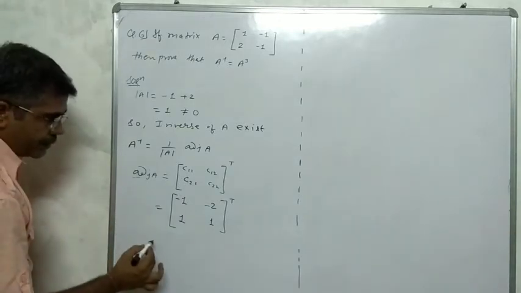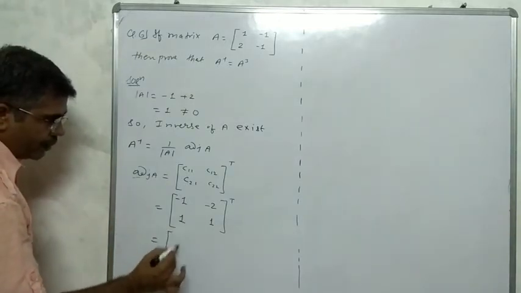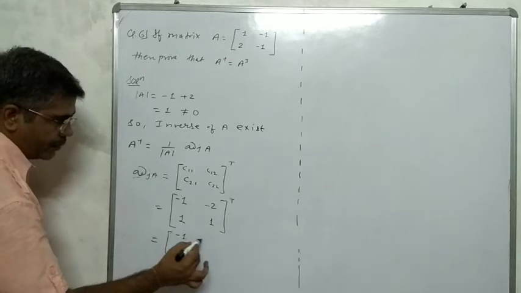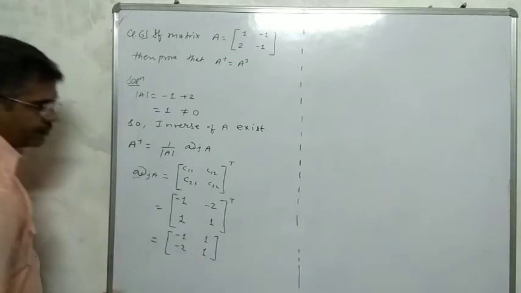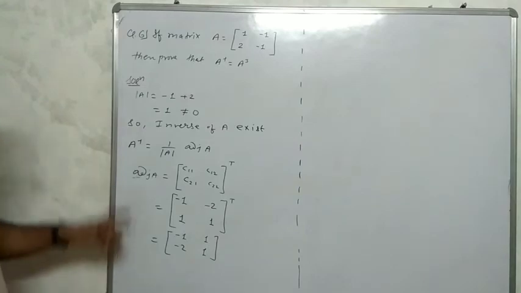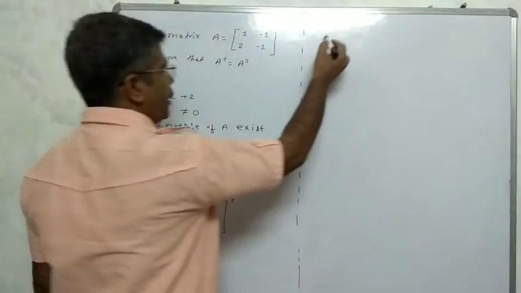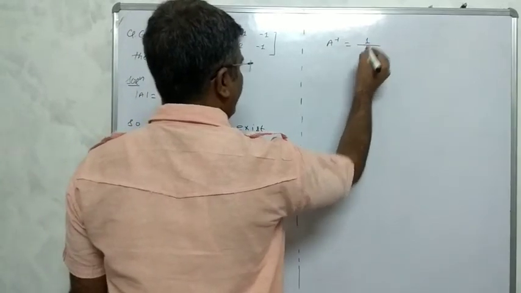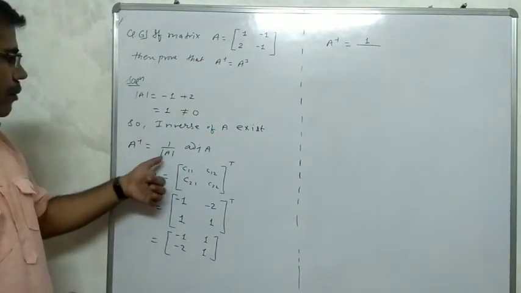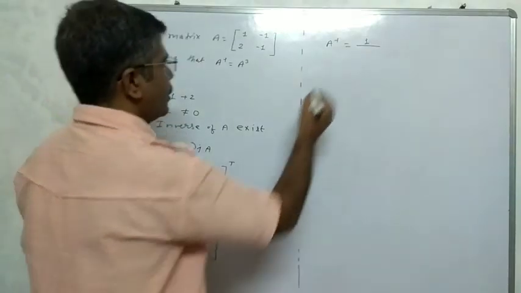On transposition, we have minus 1, 1, minus 2, 1, and write value of 1 upon value of this, which is 1.